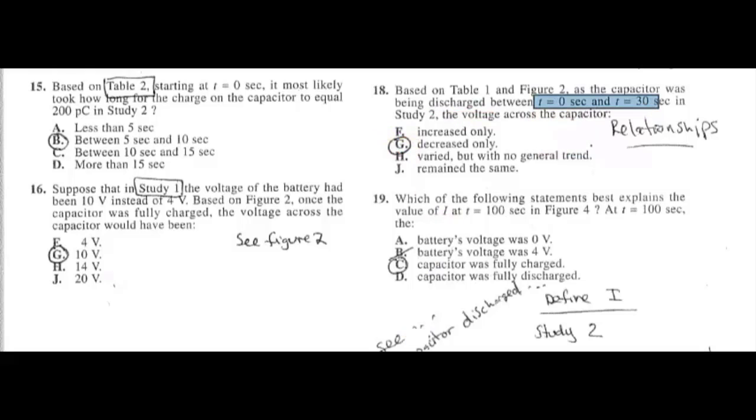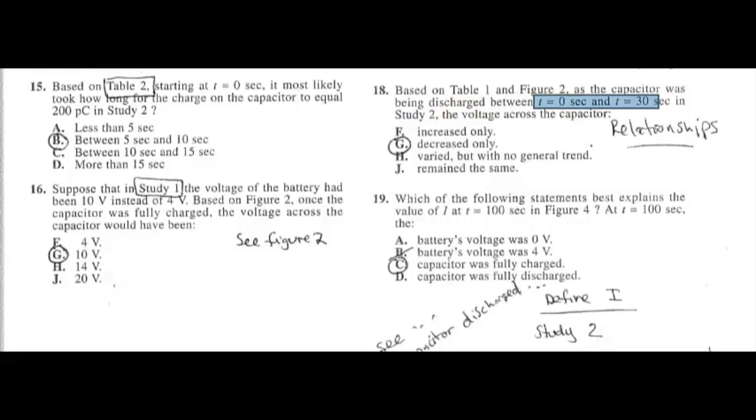Number one. Number two, let's say that you didn't pick that up. We know that when we come over here, we need to go for sure into Study 2, because that's what it's asking us about. Now wait a second here. Let's take a look and see where Table 1 and Figure 2 come from.